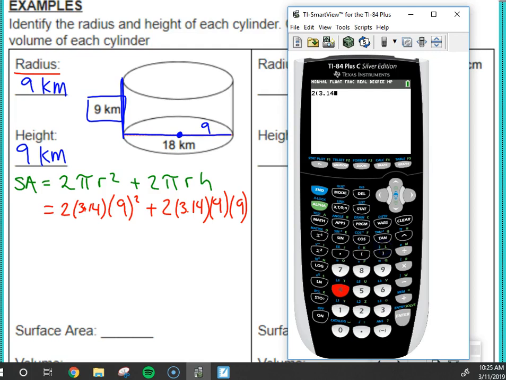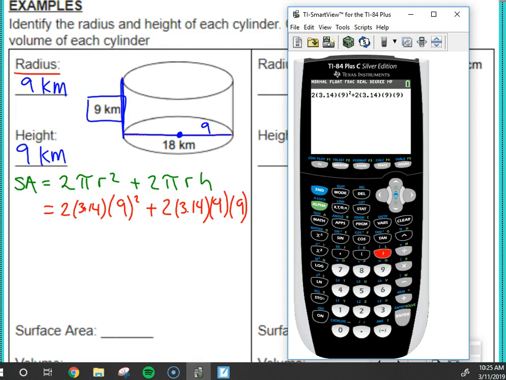So close the parenthesis, another parenthesis, and we have 9, and then we're going to square that, and then plus 2 times 3.14, close the parenthesis, open another parenthesis, we have 9, close the parenthesis, another parenthesis, 9.